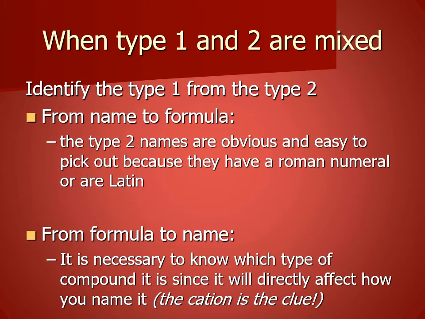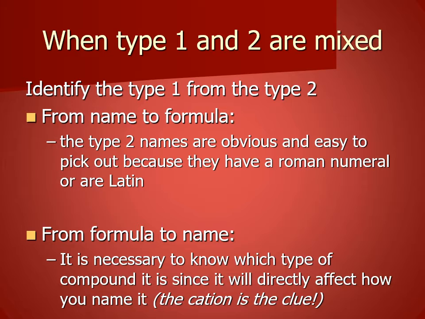Okay, here we are. When type 1 and 2 are mixed, say, on the same worksheet, what would you need to do? Well, to identify the type 1 from the type 2, you would want to go from the name to the formula. Remember that type 2 names are very obvious and very easy to pick out simply because they have a Roman numeral following the cation's name, or they have a Latin version of the cation's name.